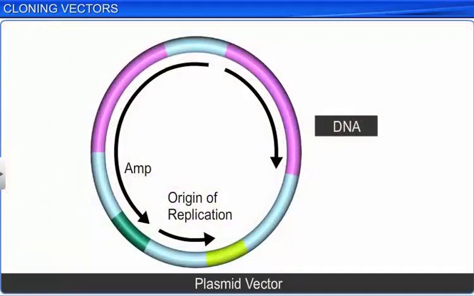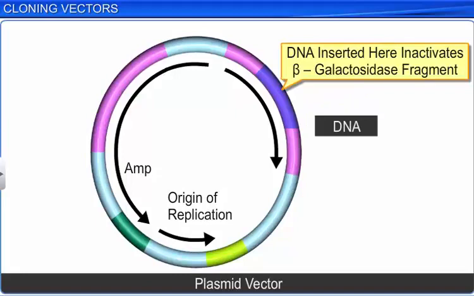For example, when a fragment of DNA is inserted in the middle of the coding sequence of an enzyme beta-galactosidase, it results in the inactivation of the beta-galactosidase gene. Due to the addition of extra codes, any future products from the inactivated gene will not work. This is known as insertional inactivation.